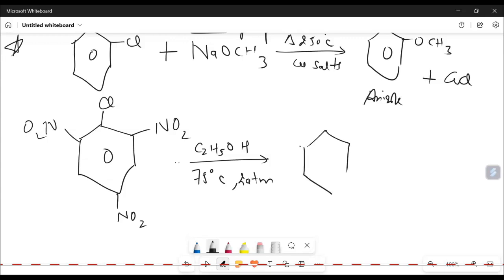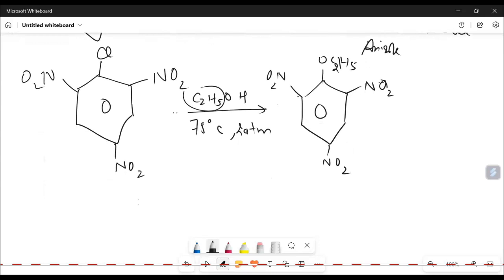Remember, OC2H5 group here. The nitro groups will remain at their position. Those will not jump by the reaction of substitution. So this substitutes Cl. Okay, substitution will take place.